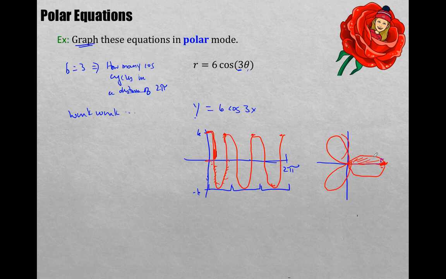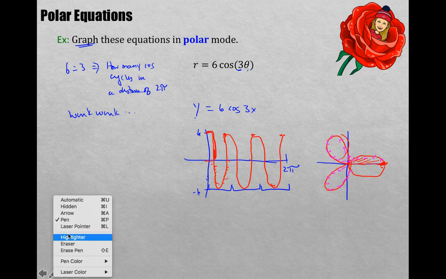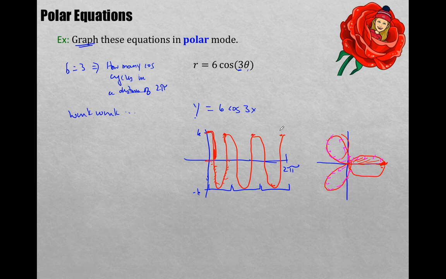When you start at 0, if you hit trace, you do go this way, but you don't go negative here. You go negative into negative x's. So you travel this way. That, my friends, is called a rose. Personally, I think it looks like a flower and not a rose, but I didn't get to name it.